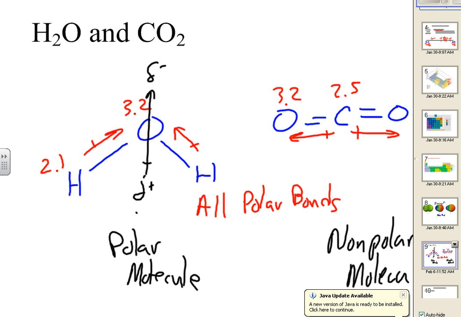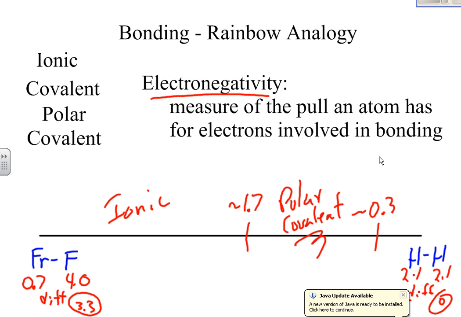If we go back to this picture here, we recall that it's not just transferring versus sharing; there's a whole spectrum in between. At one end, we have hydrogen, H2, where the difference in electronegativity is 0.